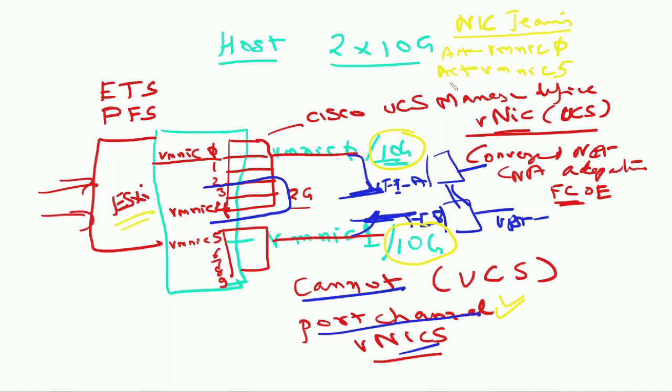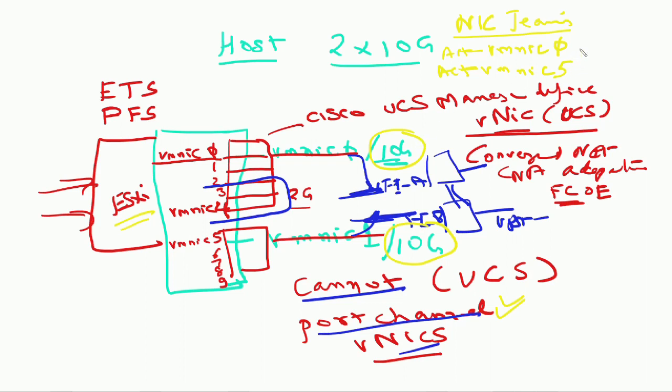So traffic is flowing across both these links on an active basis, and even if one of those sides, say the A side, goes down, the B side is obviously going to take over because a VMNIC is running on the other one. What you should not do is put VMNIC 0 and VMNIC 1 in that NIC team, simply because on the physical adapter they're running on the same physical CNA, so you don't want to do that.